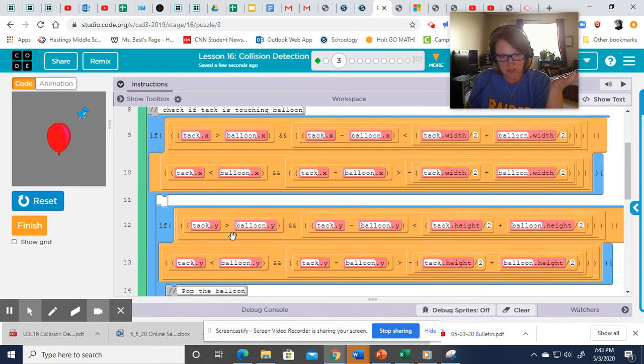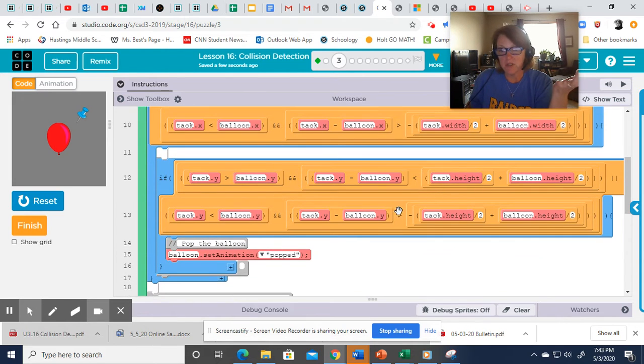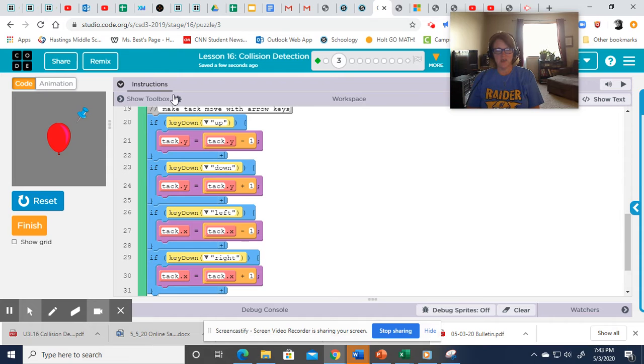And then I've got this if statement that looks very similar with just the Y position. And somehow, if all of these conditions are being met, then the balloon gets popped. Below this is simply the commands that control the left, right, up and down arrows on the keyboard to move that thumbtack around.